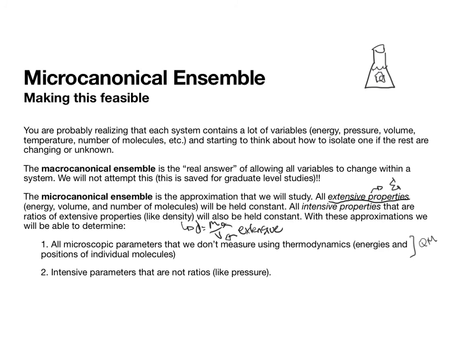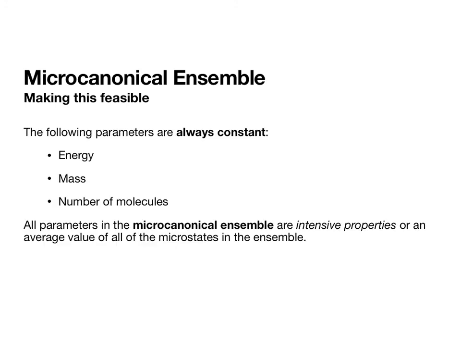And we can look at intensive properties that are not ratios. So things like pressure. So the following parameters are always constant: energy, mass, number of molecules. And all parameters in the microcanonical ensemble are intensive properties or an average value of the microstates in the ensemble.